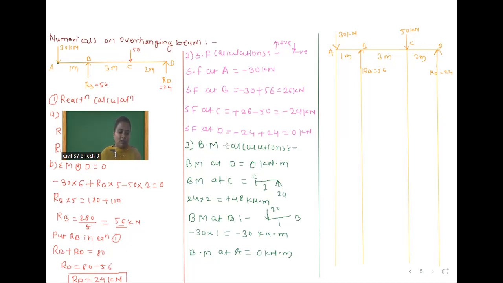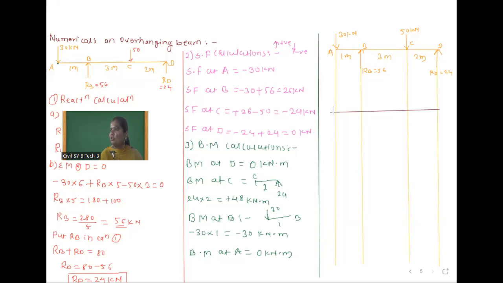So you observe here values of shear force, plus and minus values are there. So the diagram will be above and below baseline. Suppose this is our baseline. Shear force at A is minus 30.